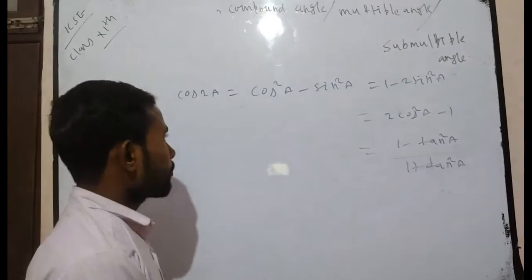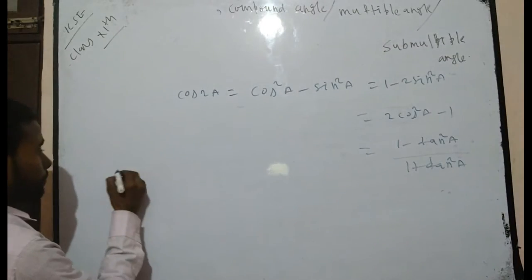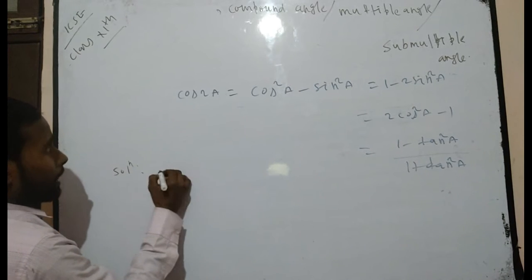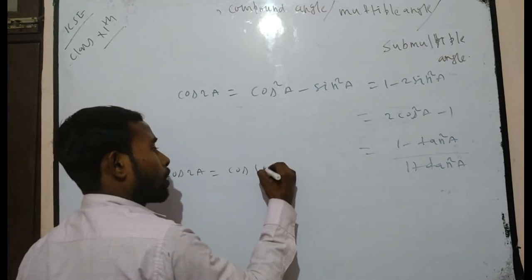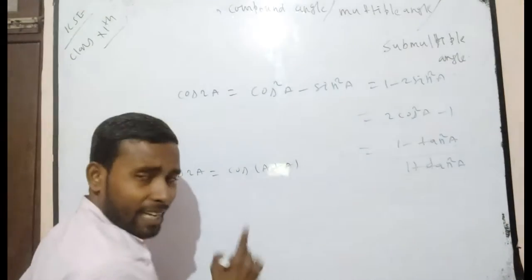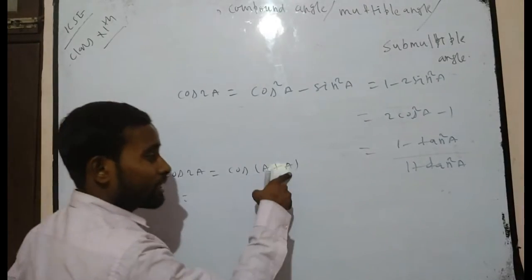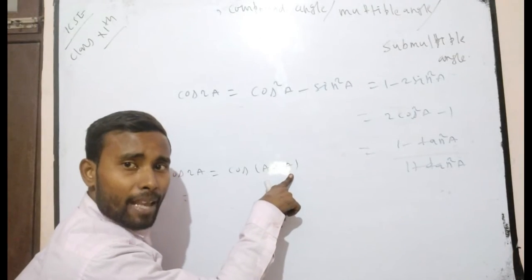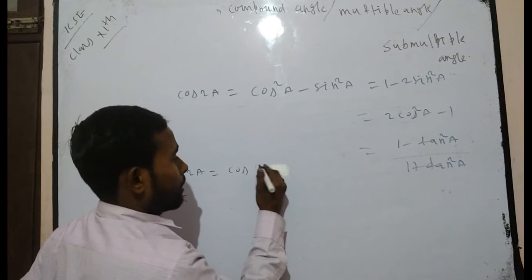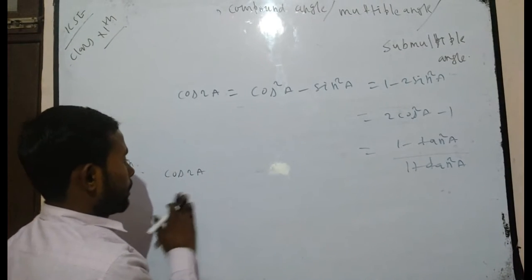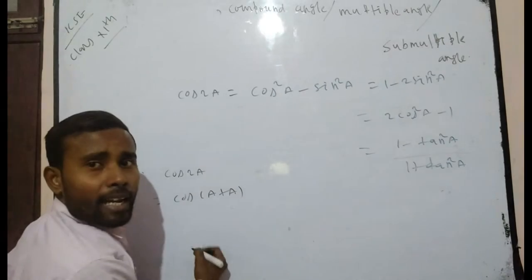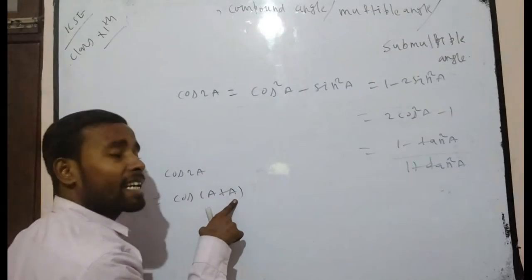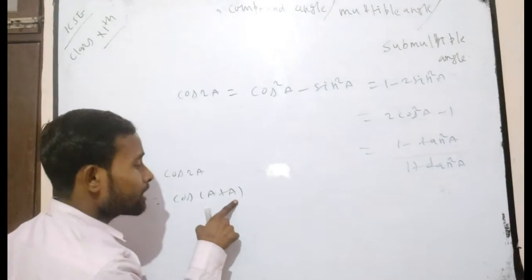Very simple. First of all, as you know, cos 2a can be written as cos(a + a). Suppose this second a is b.